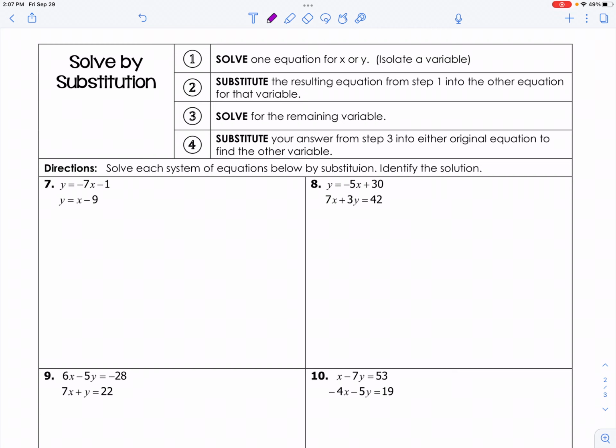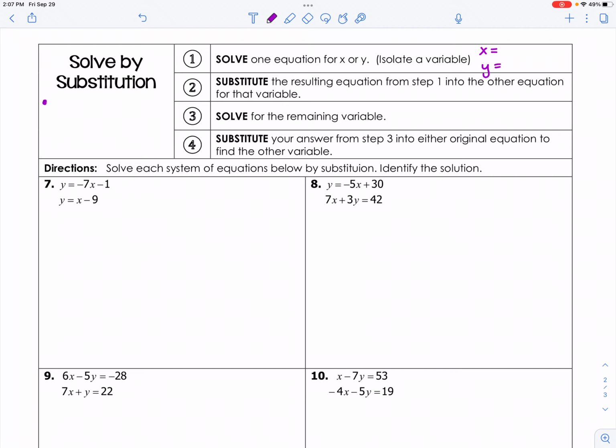When you're using substitution, you want at least one of the equations to be an x equals or a y equals. So we want an x equals or a y equals. And the reason is when we substitute, that allows us to have an equation with just one variable instead of an x and a y variable. And it makes it a lot easier to solve.